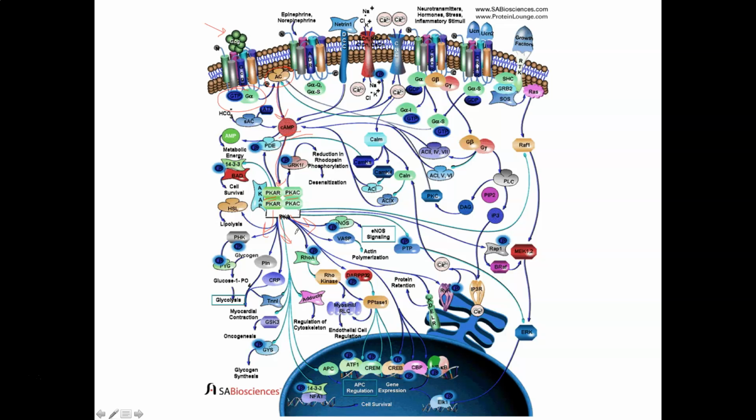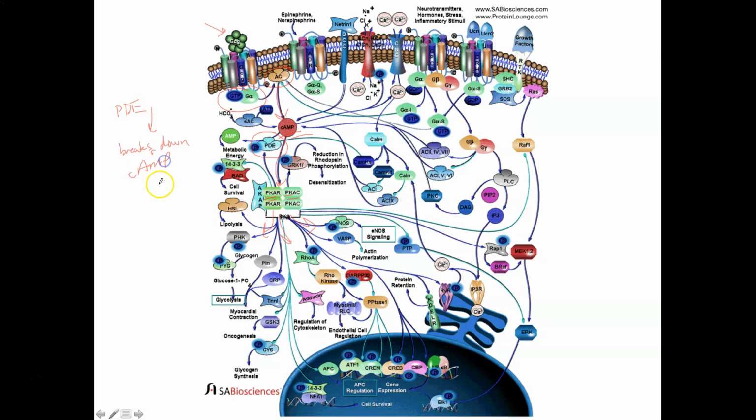If you're going to turn this system off, you need an enzyme that can degrade cyclic AMP. So this enzyme right here, PDE, stands for phosphodiesterase. And phosphodiesterase is the enzyme that breaks down cyclic AMP.